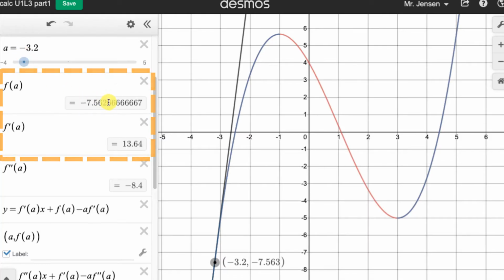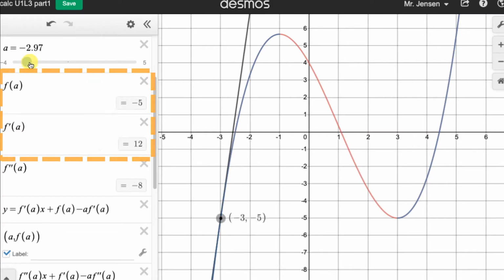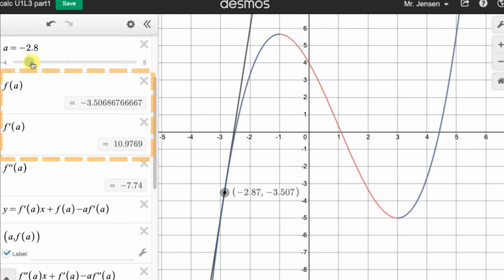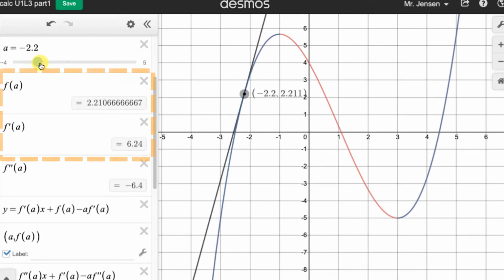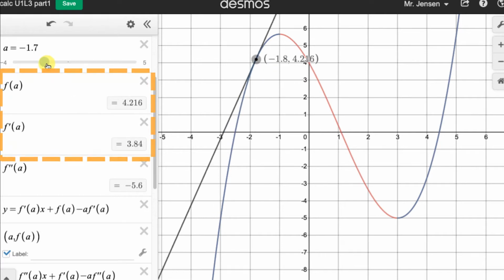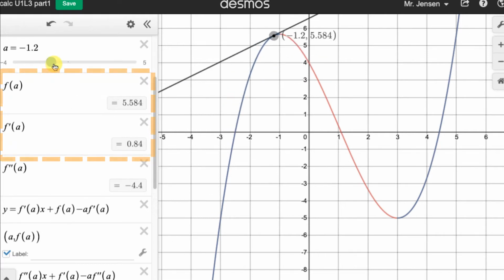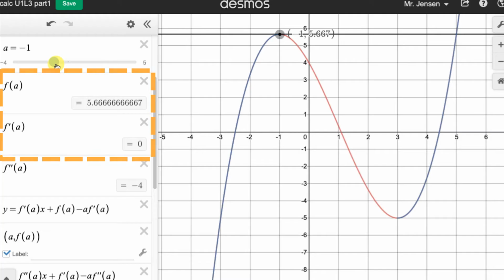So let's look at these numbers as I drag this point along the function. Let's look at these y values in this first blue section. Right now, the y value of the function is at -7. Now it's at -6. Now it's -3, -1, 1, 2, 3, 4, 5. It goes all the way up to 5.7.